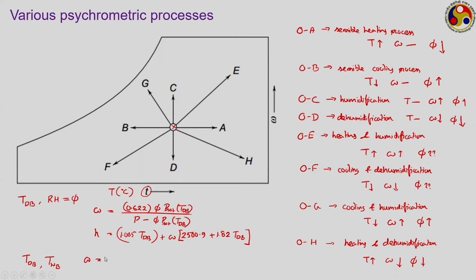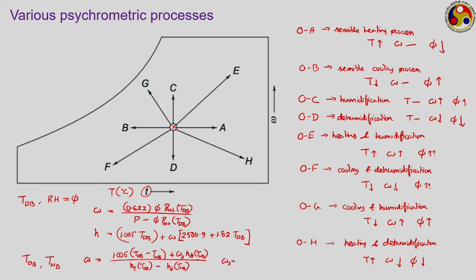Remember the mathematical analysis that we performed for the adiabatic saturator; there omega was obtained as Cp for dry air, 1.005, into T dry bulb minus T wet bulb, plus omega s into Hfg corresponding to this wet bulb temperature, divided by Hg corresponding to the dry bulb temperature minus Hf corresponding to the wet bulb temperature.